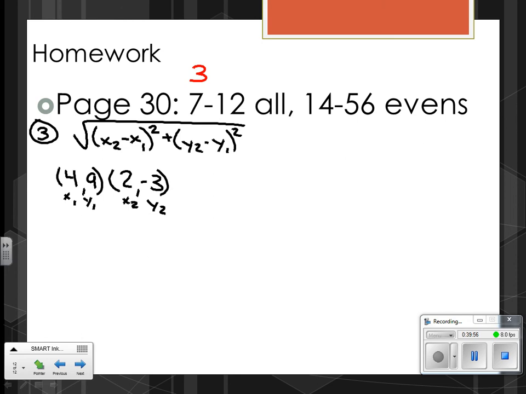Now we take those and plug them into the formula. So the distance is going to equal the square root of... what did I say that x sub 2 was? 2, so that goes there. Minus, what's x sub 1? X sub 1, 4, squared.